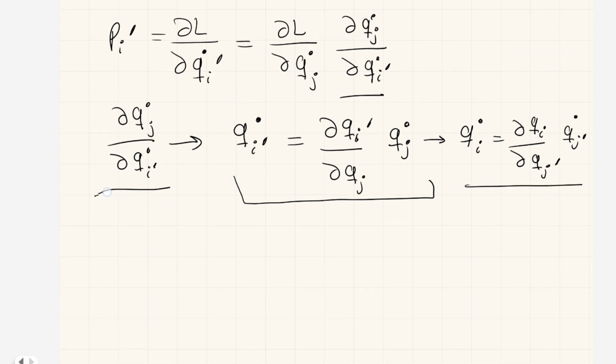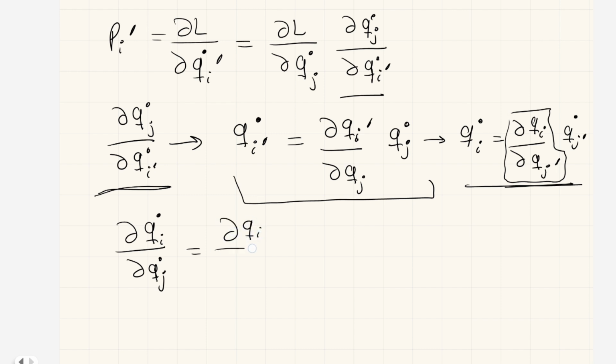Then we can calculate this using the derivative of qi dot with respect to qj dot. But what will be that derivative? Well, if we take the derivative with respect to qj dot of this, we will only get this element that we have here. So we get the derivative of qi with respect to qj prime.